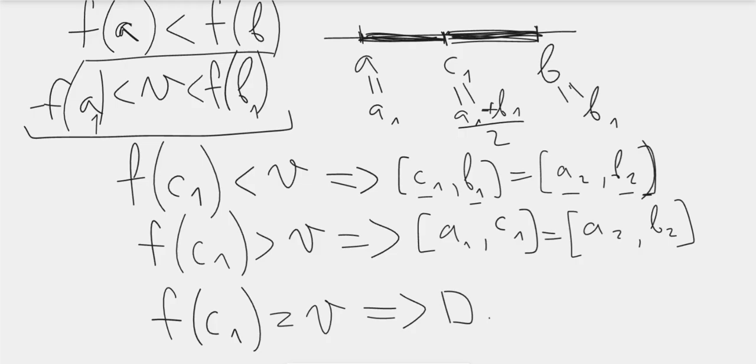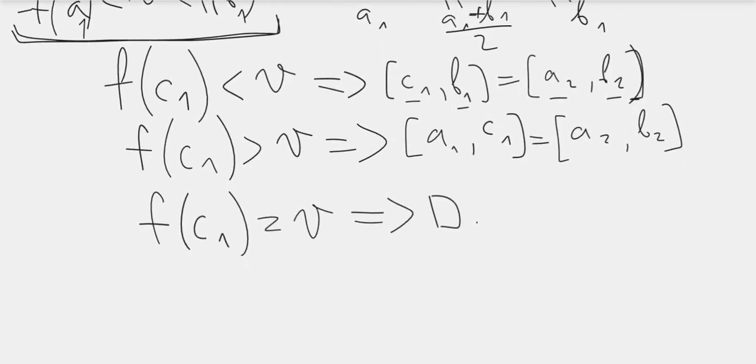We take one of them as the next interval in the sequence, and we choose one of them such that this inequality would hold for the next index.